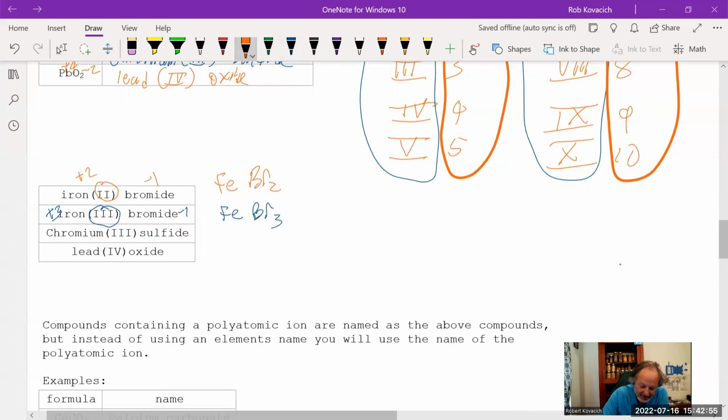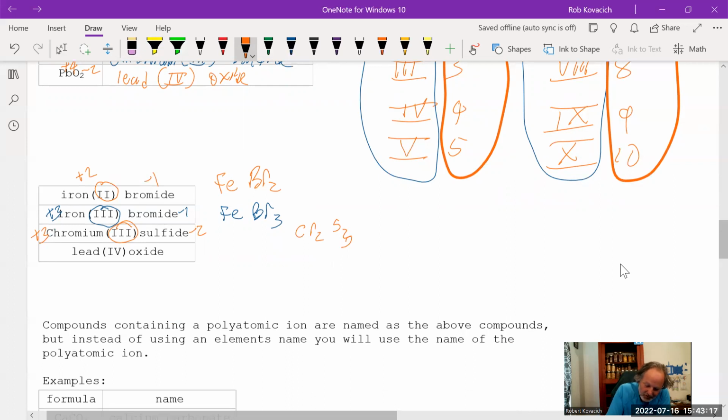Okay. This one is telling me that I've got a +3 charge and my sulfur is in my oxygen column. So that's a -2 charge. So least common multiple is 6. So that means I'm going to need 2 chromiums and I'm going to need 3 sulfurs to cancel that out.